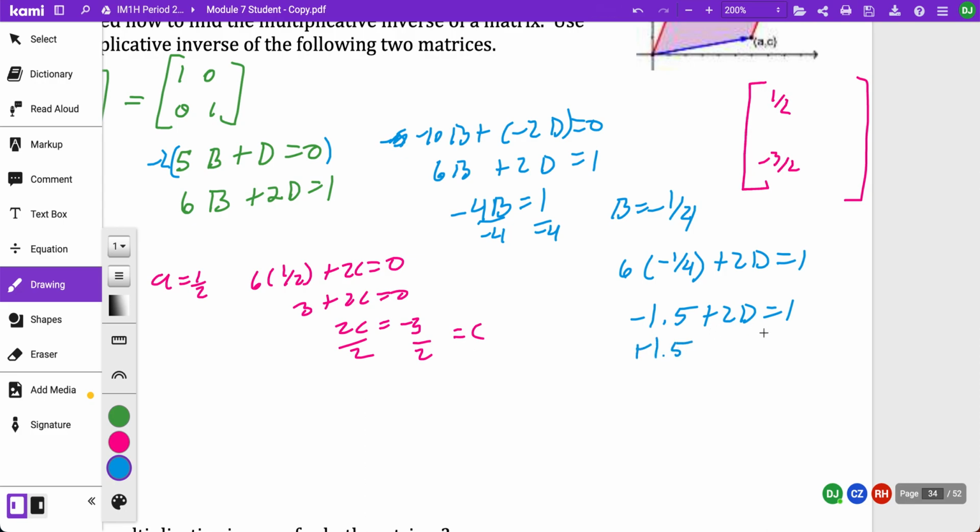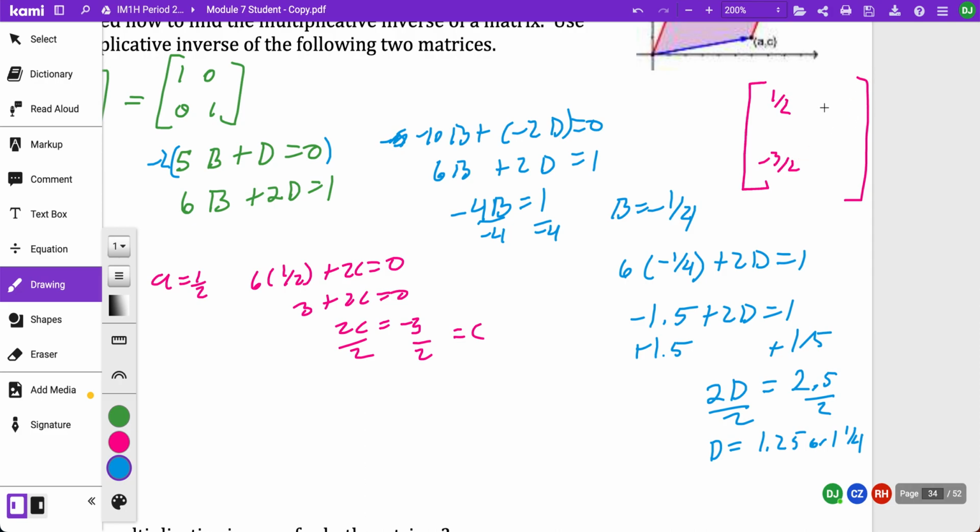When I add 1.5, this would then give me 2D equals 2.5. And when I divide both sides by 2, this would give me D equals 1.25, or 1 1/4.